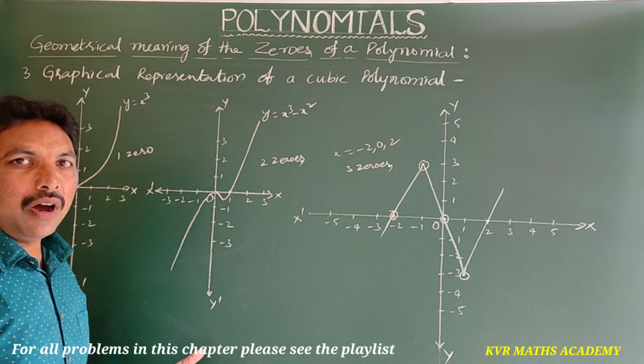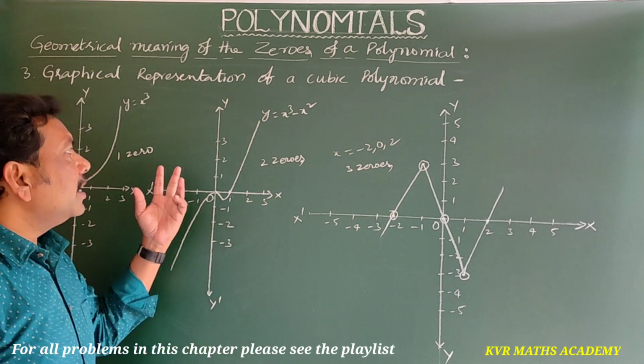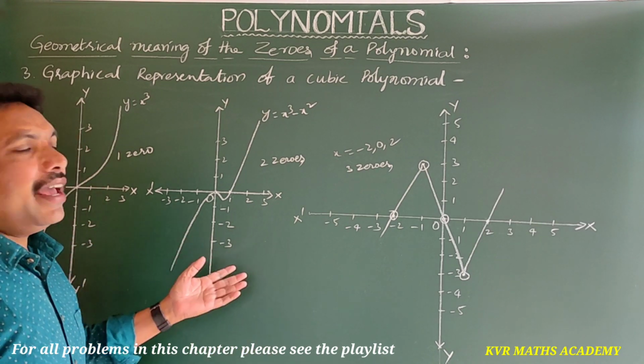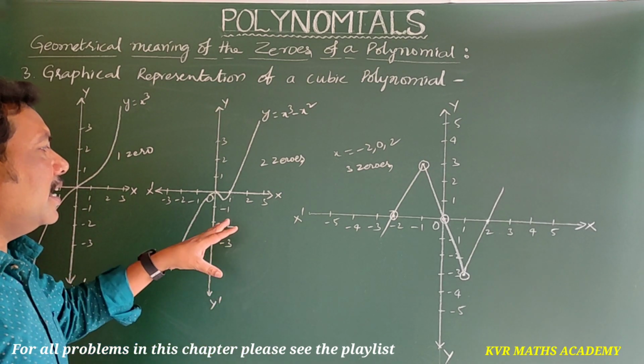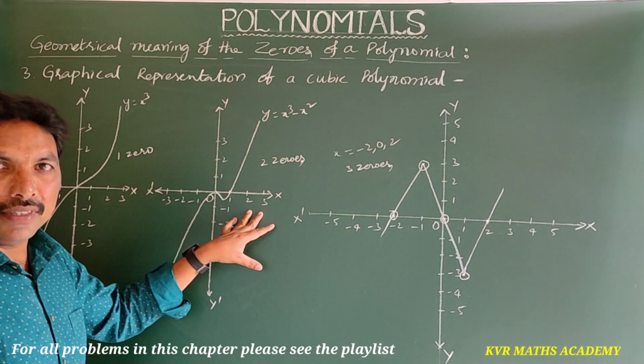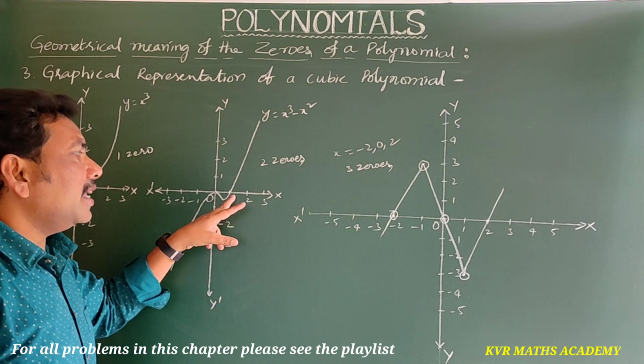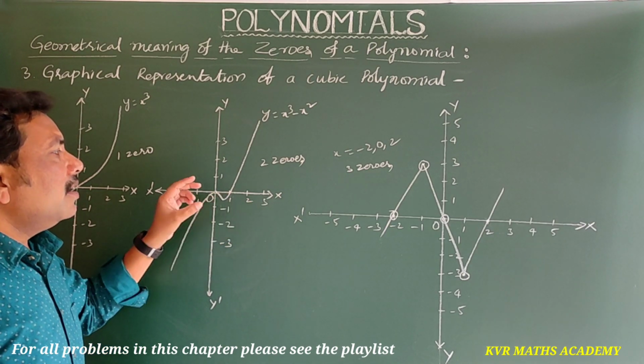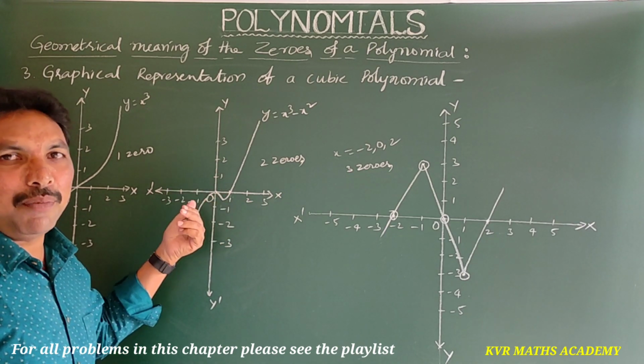What I told you, how can you find zero values of the given polynomial in the graph itself? Yes, wherever the graph intersects the x-axis, then only we can easily find zero values of the given polynomial.